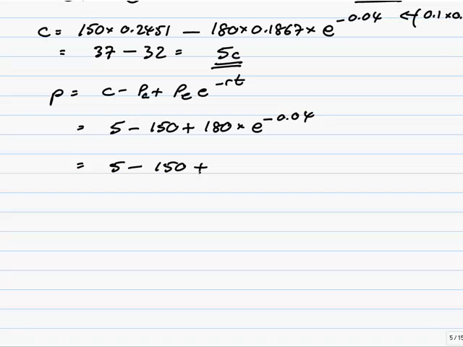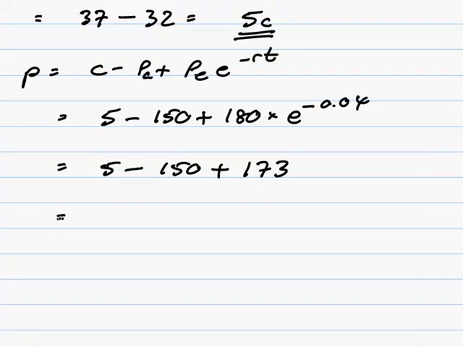Which is, what do we get? 5 minus 150 plus 173, 28.